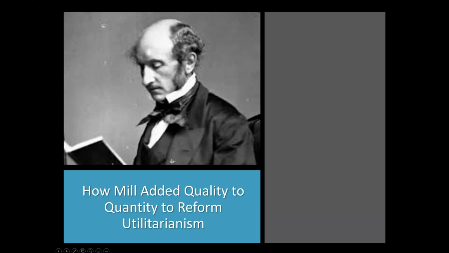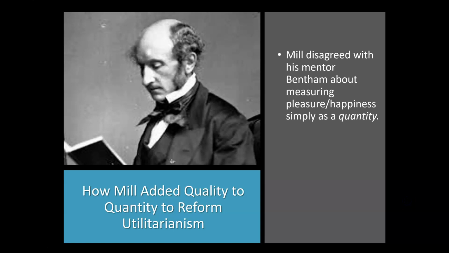Now, John Stuart Mill was a student of Jeremy Bentham, and he's squarely in the utilitarian camp as well. But he disagreed with his mentor. He disagreed with Bentham's assertion that you can measure pleasure or happiness just as a quantity, right?